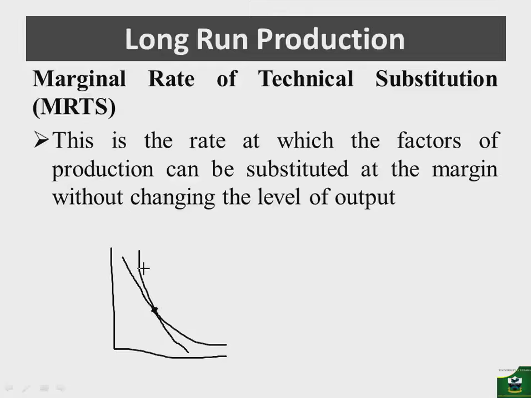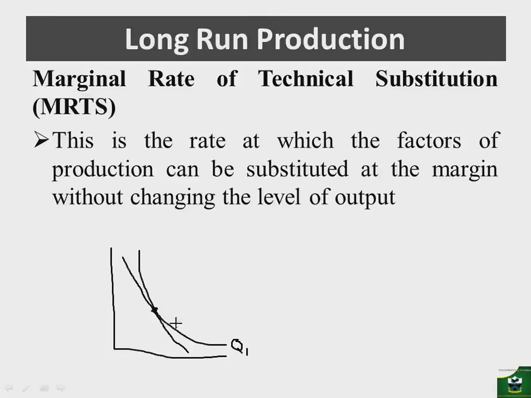So when we draw our isoquant, we can call this isoquant our Q1. If we have our isoquant Q1 and we draw a line that will be tangent to the isoquant, at the point of tangency, that is the slope of the isoquant.